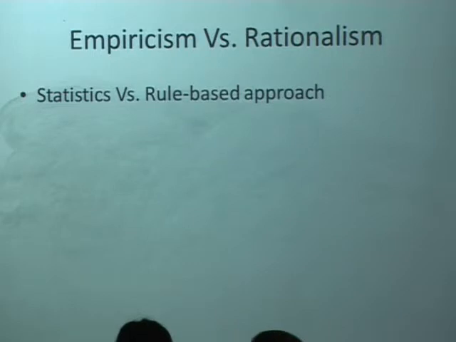Most rationalists would like a rule-based approach. They believe that our human cognitive system is innately equipped with those kinds of rules to do the inference. But with the statistics-based approach, philosophers like David Hume did not like that idea. He believes that that's just an illusion.